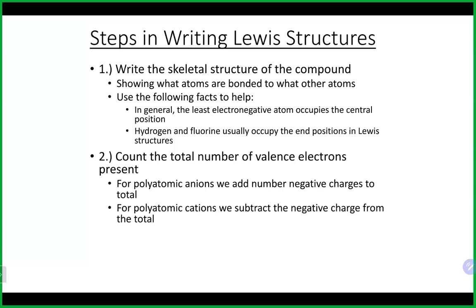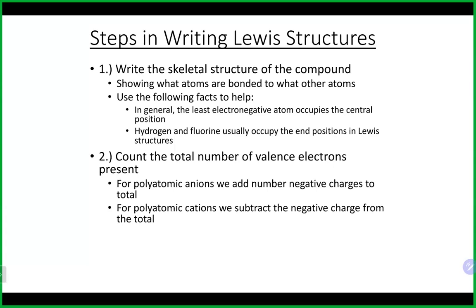So one of the first things that you want to figure out, if you're not sure, is how everybody is hooked up together, how everybody is bonded together. And that's sometimes referred to as the skeletal structure. To help you make that decision, there are a couple of rules that you want to follow. One rule is usually the least electronegative atom is the one that's in the center. So we usually want to put the least electronegative atom in the center.